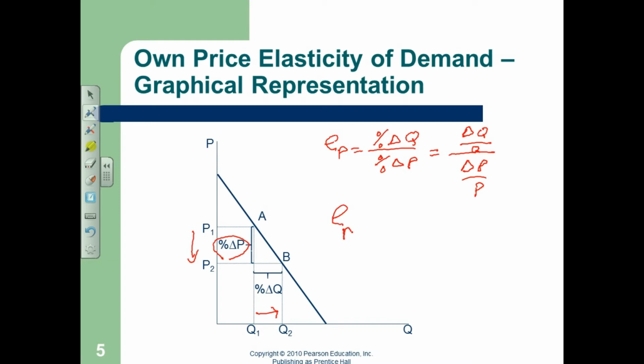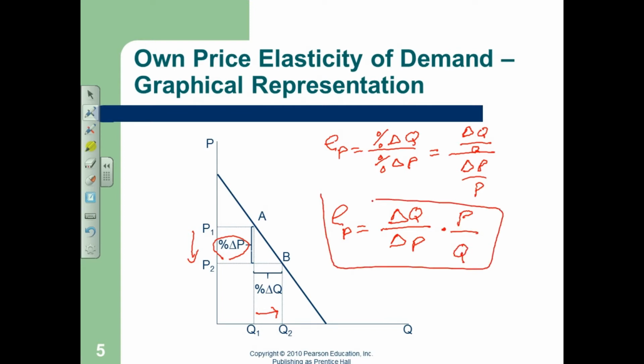Therefore, EP would be equal to change in quantity over change in price multiplied by price divided by quantity. This would be the formula for price elasticity of demand.